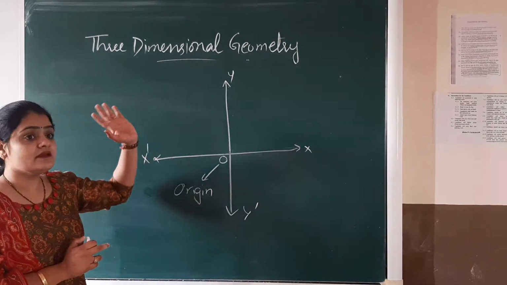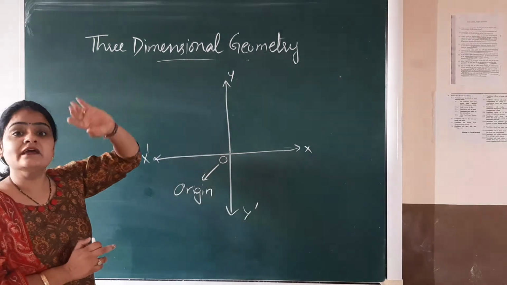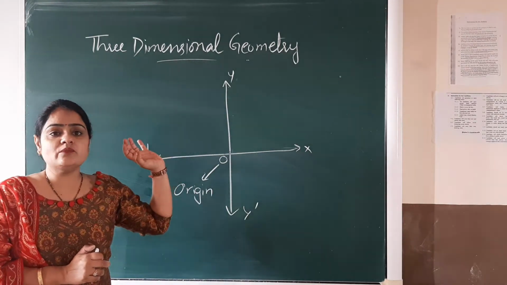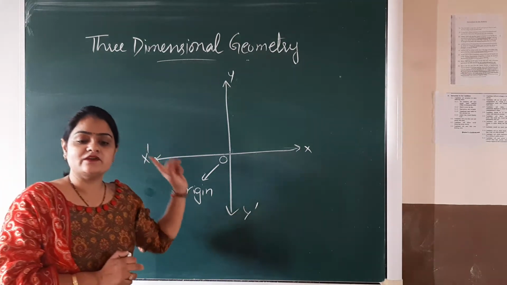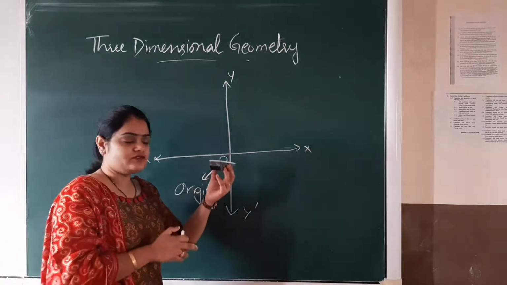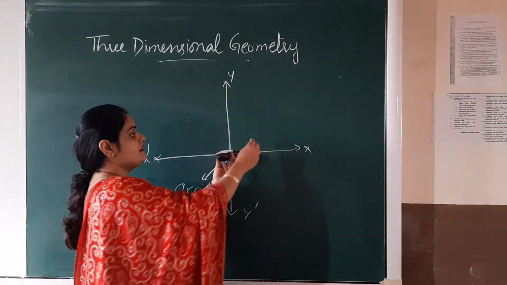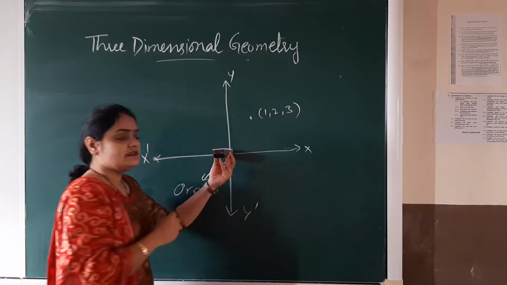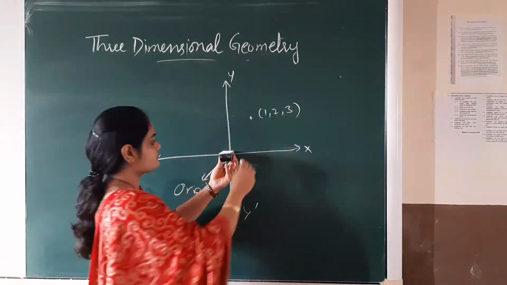Now, three-dimensional geometry means three axes: x-axis, y-axis and z-axis. Now, whenever one point is lying in any of the octants, if this is your z-axis, and the point is 1, 2, 3, this is in the first octant. How?